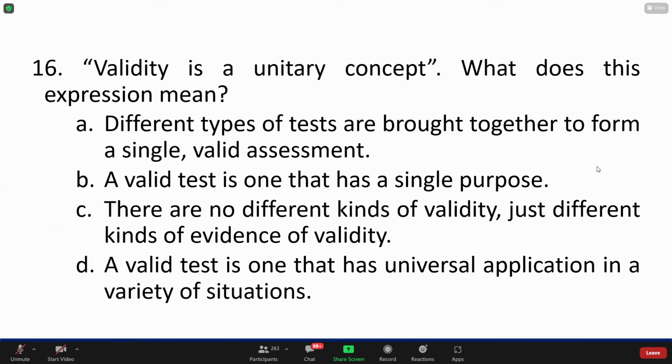Sige, let's continue. Number 16. Volunteer, please. Can we have Mr. Tubang? Mr. Tubang. Unmute yourself. Mr. Jocomar Tubang.